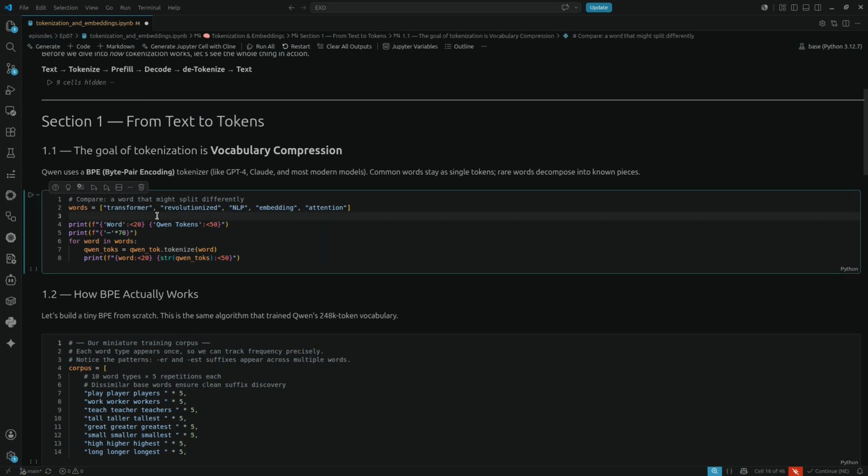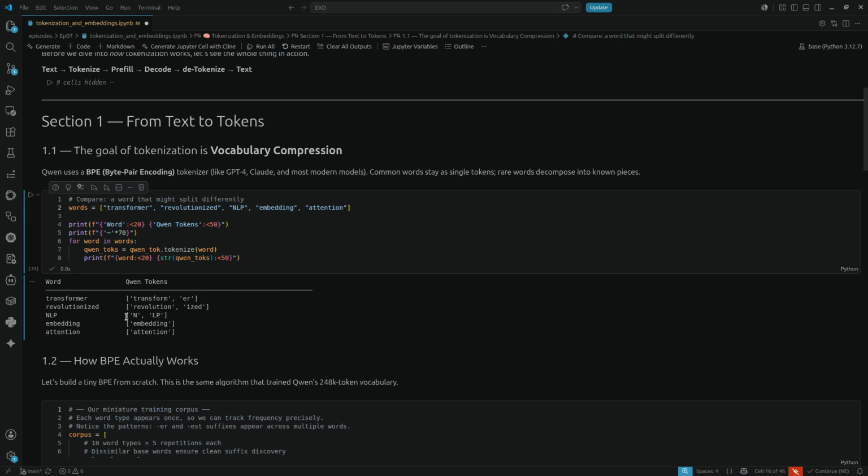So let's look at this set of words: transformer, revolutionized, NLP, embedding, and attention. We have purposely chosen slightly more complex words, which perhaps don't form what you could think of as the base of a language. Let's see what they look like in token form.